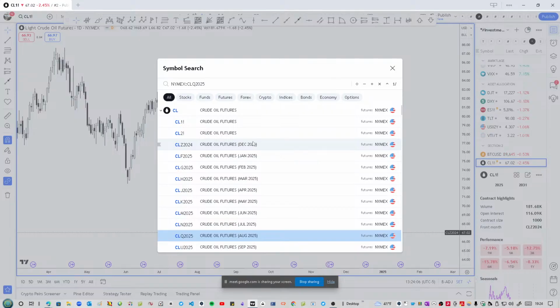We need it for heating oil, which is a separate contract, but it is made out of crude oil. We need it for gas for our cars, and so on and so forth. So crude oil is a very, very liquid commodity, and that's why it is traded every month.